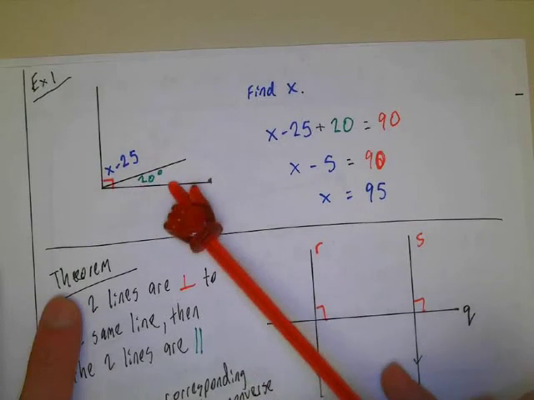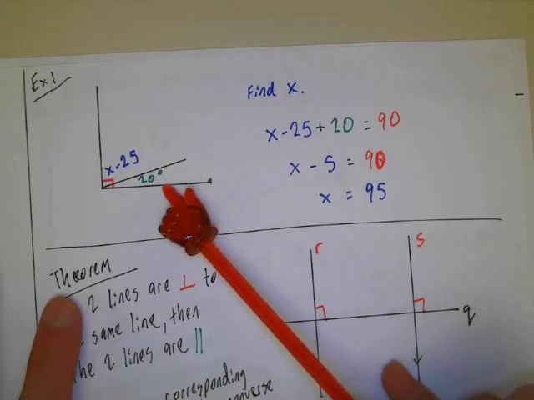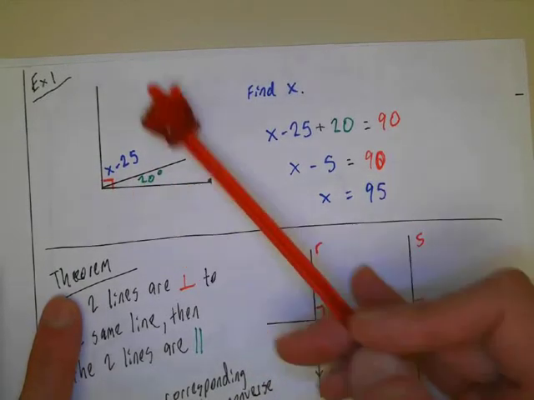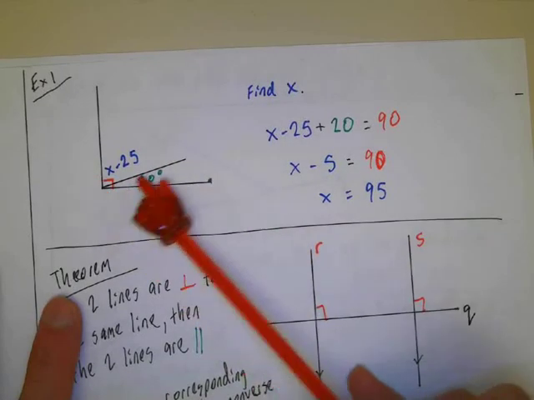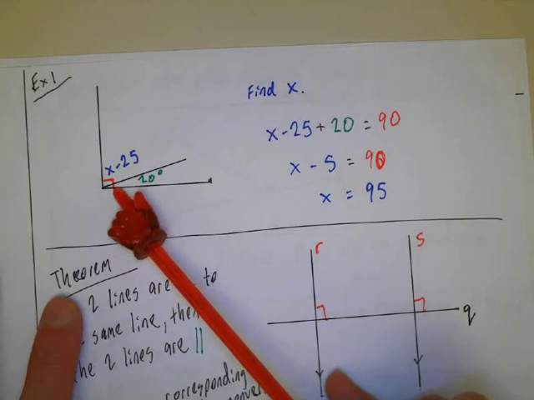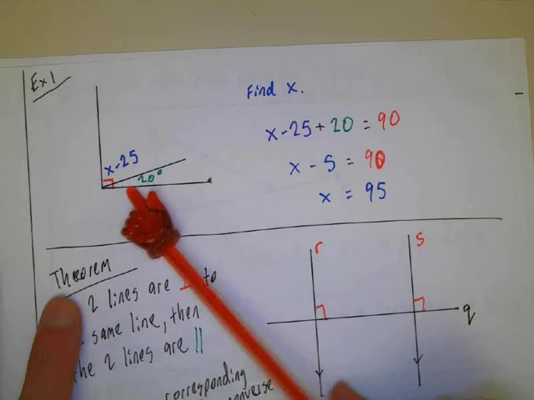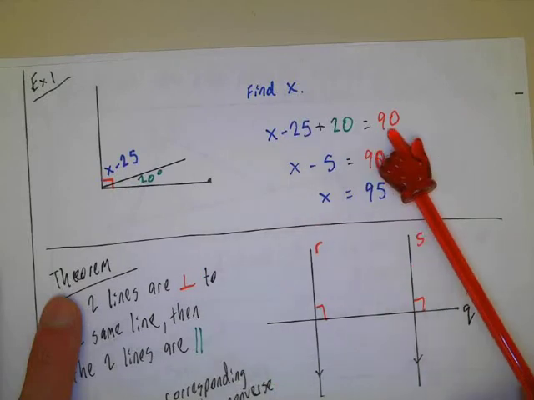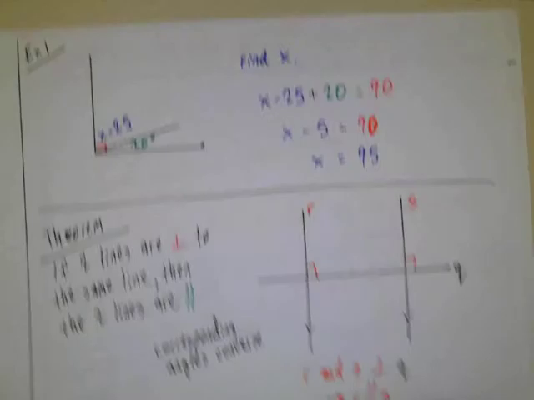But nothing in this picture shows those two angles congruent. It doesn't show the congruent symbol, doesn't say it in words, doesn't say that this is a bisector. But what this does show is that we have a perpendicular 90-degree angle, so this blue plus this green equals 90 degrees. Solve for x.